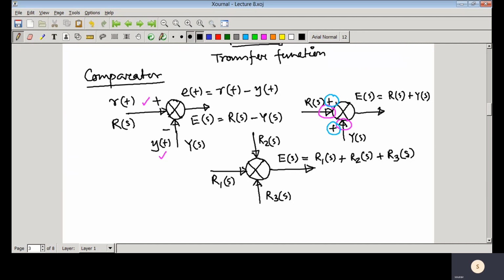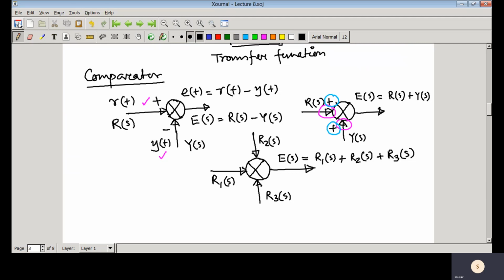These are all algebraic operations, and for this operator, I hope you understand how to realize it. You can use any op-amp circuit, just like an adder or subtractor. So practically you can realize this comparator using some op-amp circuits, and these are the different structures of comparators.